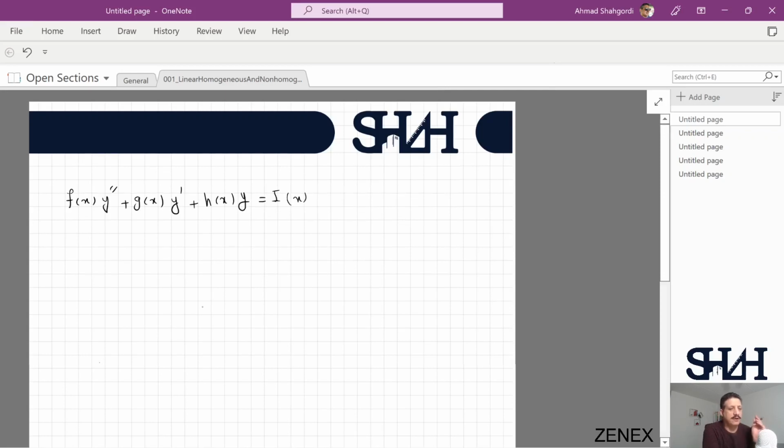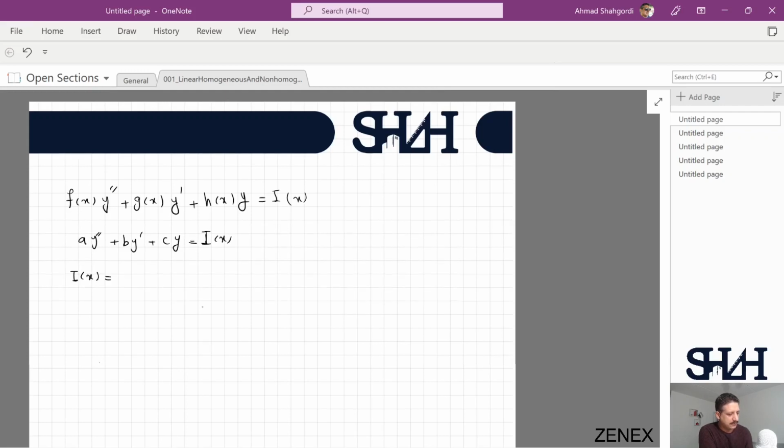This is the general form of the second order equation. In the linear equation, instead of f(x), g(x), and h(x), we have constant numbers like a y double prime plus b y prime plus c y equals a function like i(x).